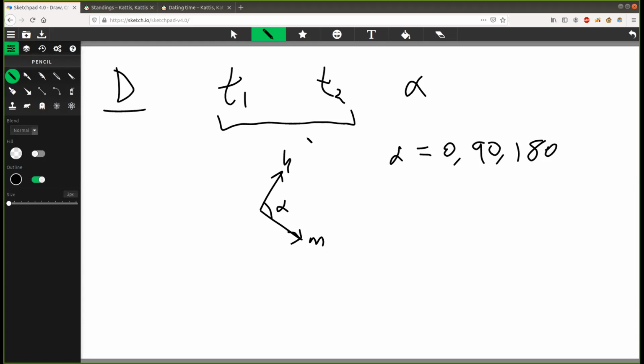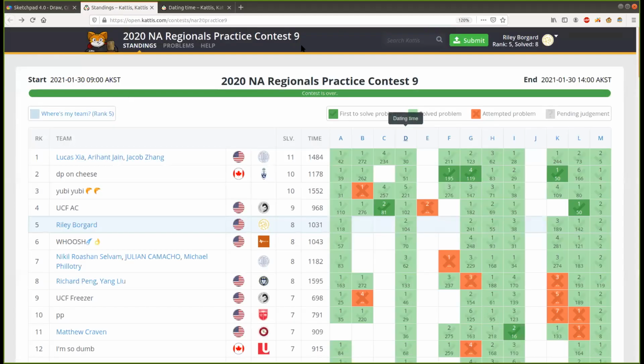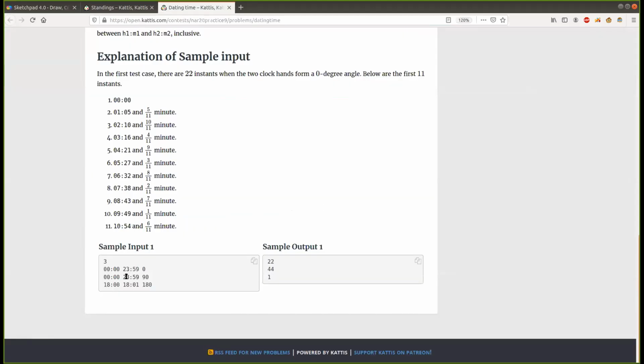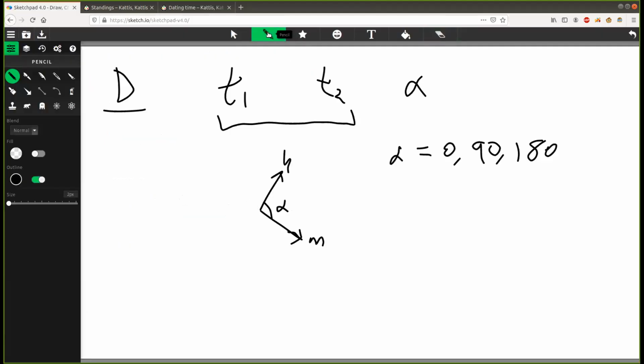The problem's a bit annoying because there are different cases. There are some simple parts that are easier to deal with, like figuring out how to parse the input. We can also realize that for the angle of 90, there are 2 ways to make it, either way, and both count as 90.